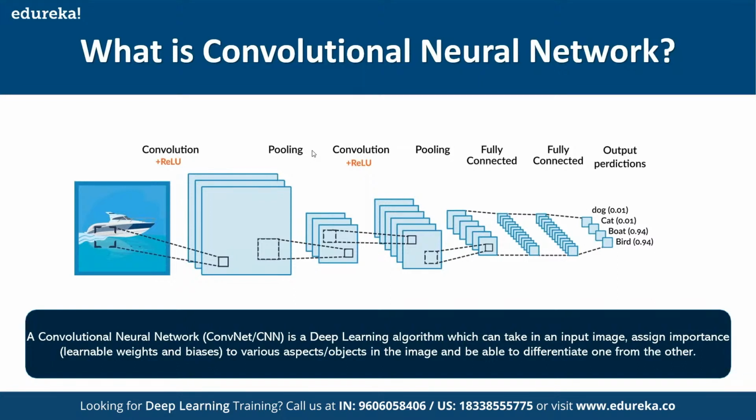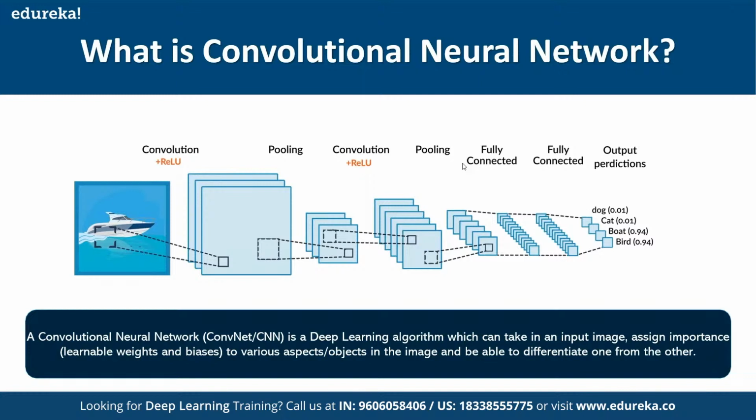And this pooling layer will help me in compressing the information that I'm having as a result of this convolution operation. And once I have this series of convolution layers and pooling layers, this will be connected to a fully connected layer, which will help me in finally identifying the features that are present in my given image.